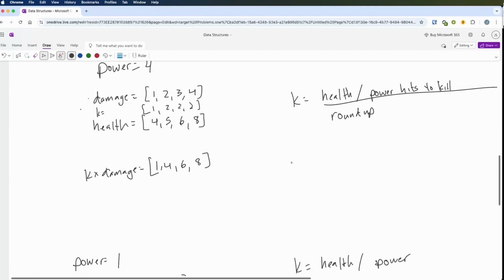Like maybe think of some lowest or highest. Right, so if you could think of some lowest or highest value that we could use, can we incorporate power into it somehow?